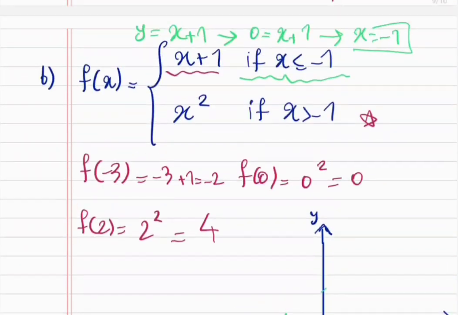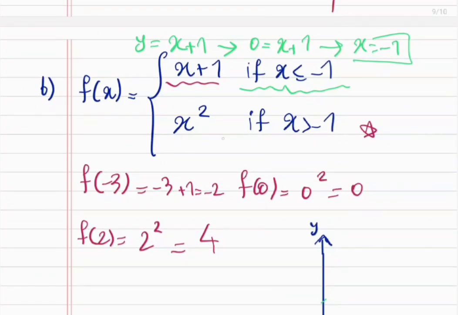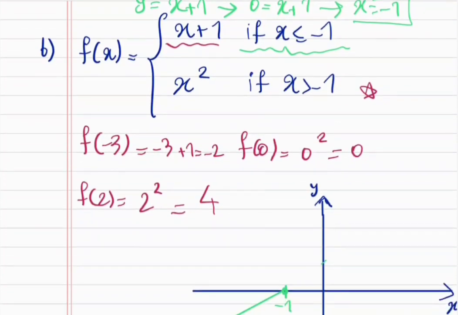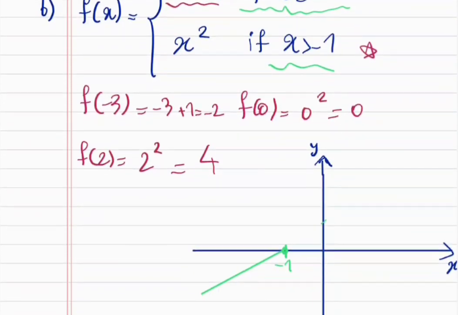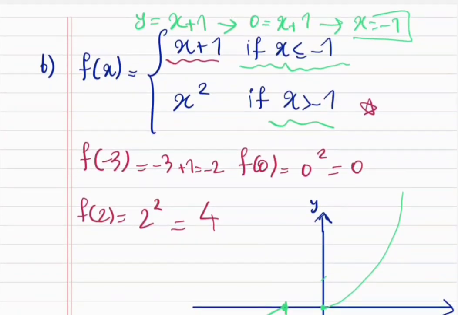Now let's look at the second bit of this, which is x squared, and this is only for the x values that are greater than minus 1. So we don't have any issues for the positive x values. It's just half of a quadratic curve. For this bit, remember that we have y is equal to x squared, and let's find the value of y when x is minus 1.